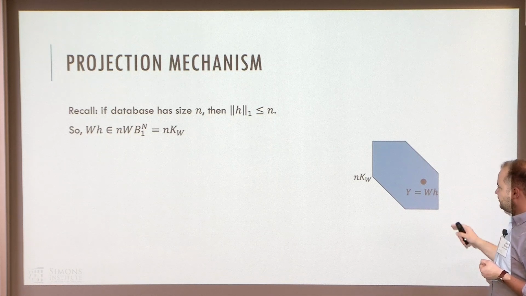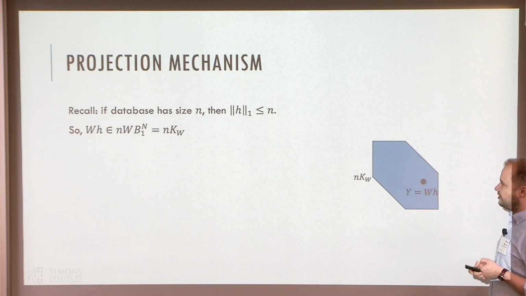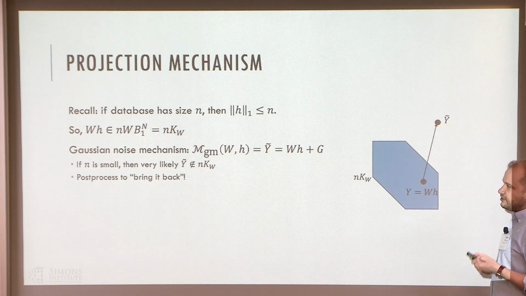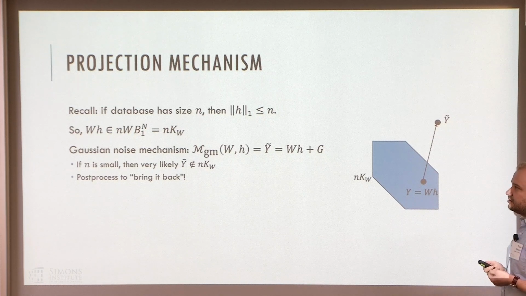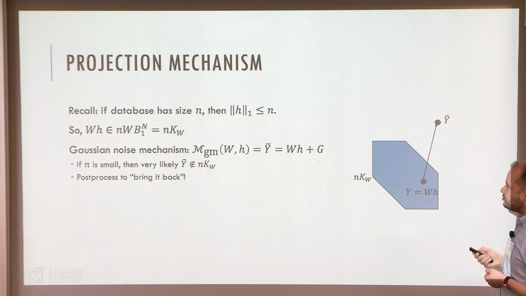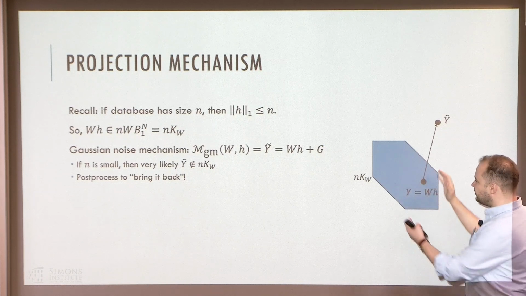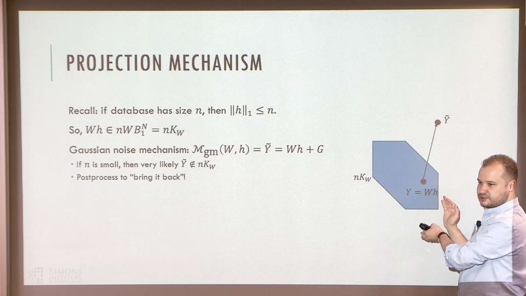Think of this as just the set of all possible query answers on databases of size at most n. So I know that my true query answers lie somewhere here. And if I just add data independent noise, like run the Gaussian noise mechanism, I compute the true query answers and add some Gaussian noise. If n is very small, then the set of possible query answers is also small.